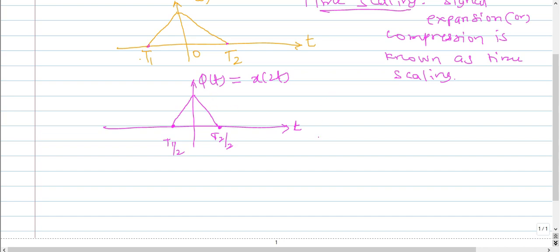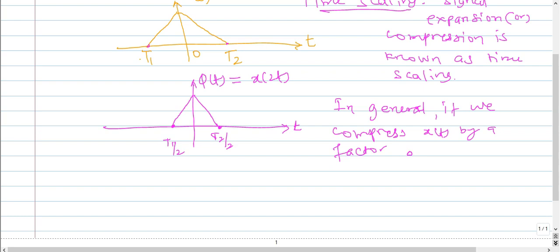Okay, and in general, if we compress x of t by a factor of a, where a is greater than 1, then we will get phi of t equal to x of a into t.